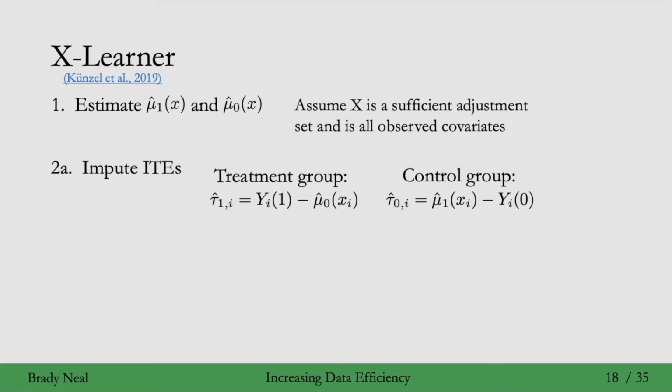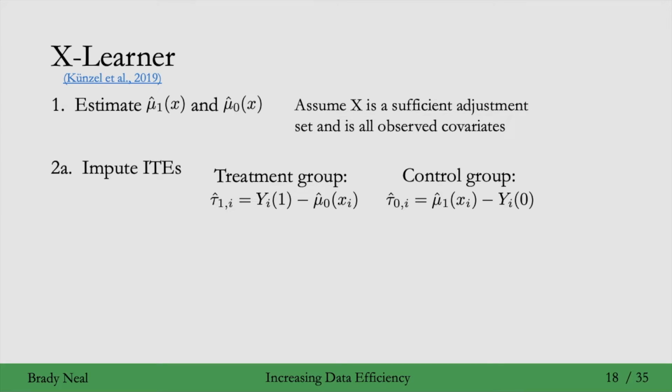And then we do the analog in the control group. So here, for the control group ITEs, we observe the Y0 potential outcome as the observed outcome Y. And then we impute the potential outcome Y1 using the mu1 model that we fit in step 1 to impute this ITE for the control group as well.